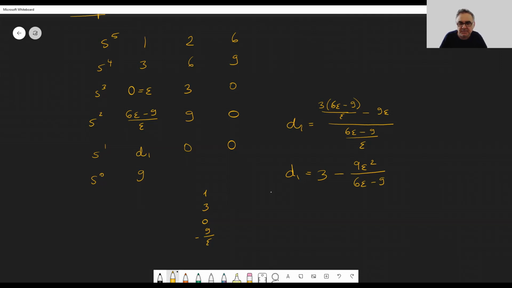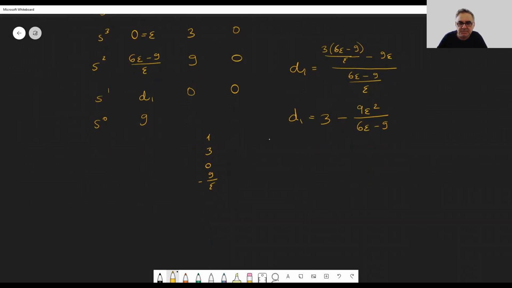Then you have 3 and 9. As you see here, epsilon is 0, but this minus 9 over epsilon is a negative number, right? It is very large. It's a negative number. It's negative infinity, but it doesn't matter really. So what you have here is one change of sign and another change of sign.